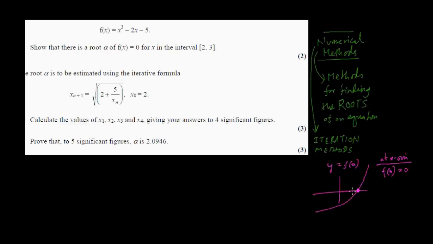You're actually not finding the root, you're actually trying to find out where the root might be. So in this particular sum, they're saying the root might be between 2 and 3. Now suppose the root is between a and b, so suppose the interval is a and b, and by the way, the interval is like this.